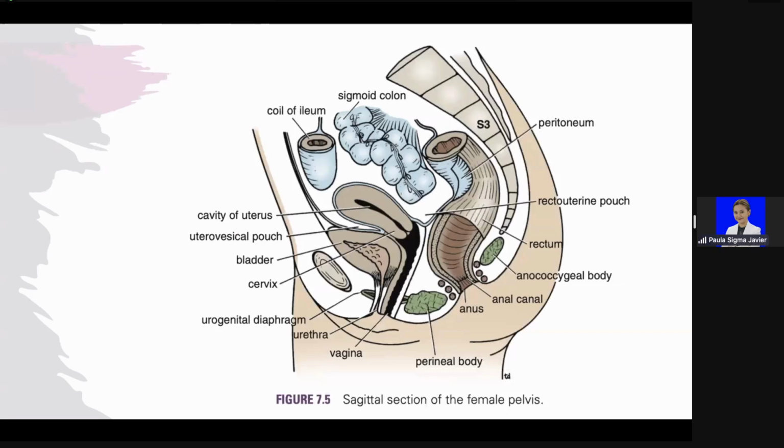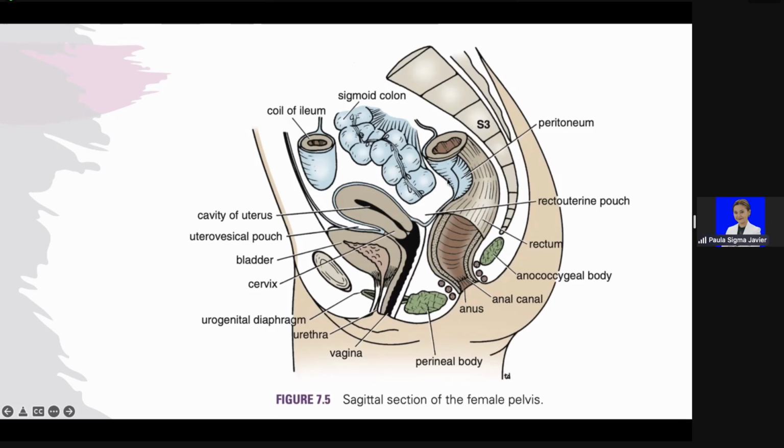Okay, just a sagittal view of the female pelvis. Here we have the uterus. These are the reflections of your peritoneum, the uterovesical pouch, uterovesical because the uterus and the bladder, okay, vesicle, the bladder, rectouterine pouch, rectum, and uterus, rectouterine pouch.